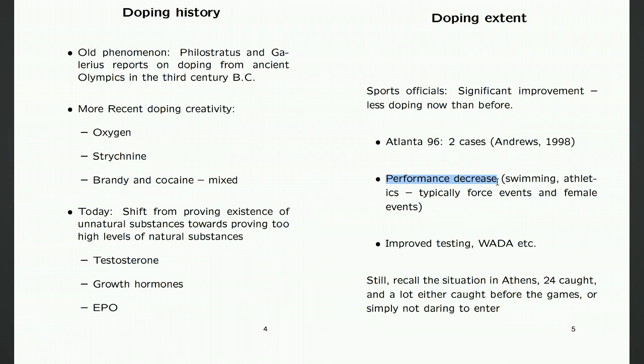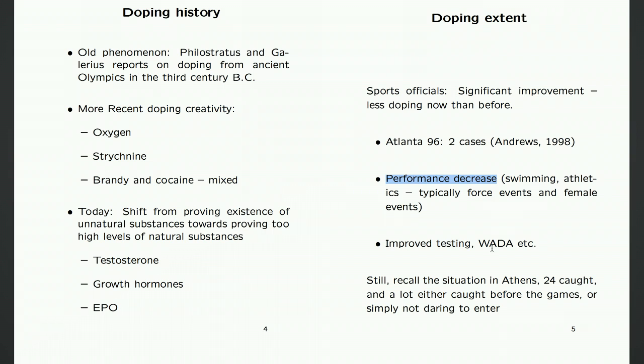In certain athletic events, for instance shot put, maybe the best example, the world records set in the 1980s have never reached that level afterwards. So there is some indication that at least certain types of doping have decreased.